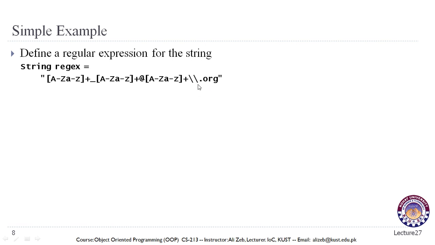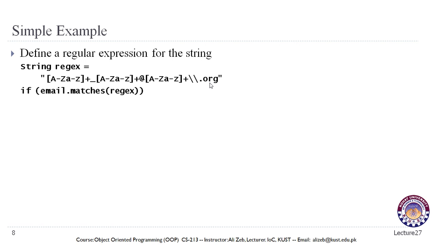We are using the double slashes because the dot may be used as another identifier in a regular expression. That is why if we want to check for a literal dot, we will need to use the double slash symbol, and org will then be checked.